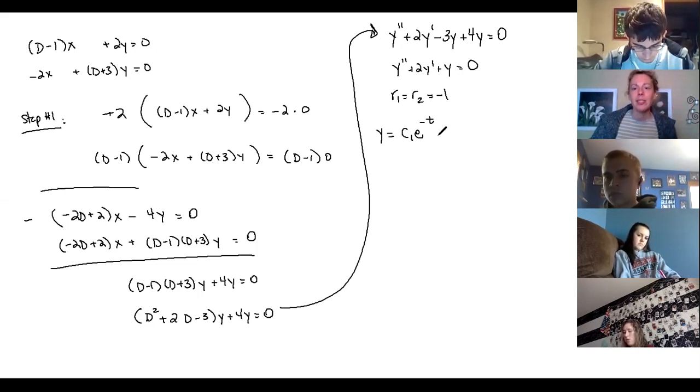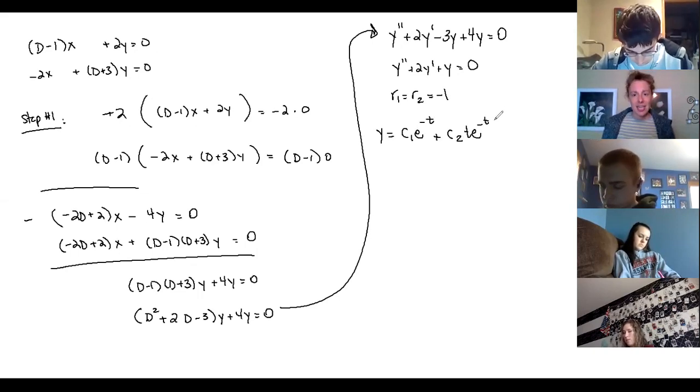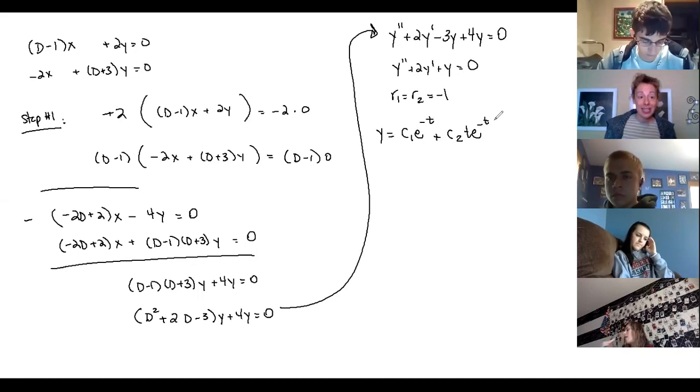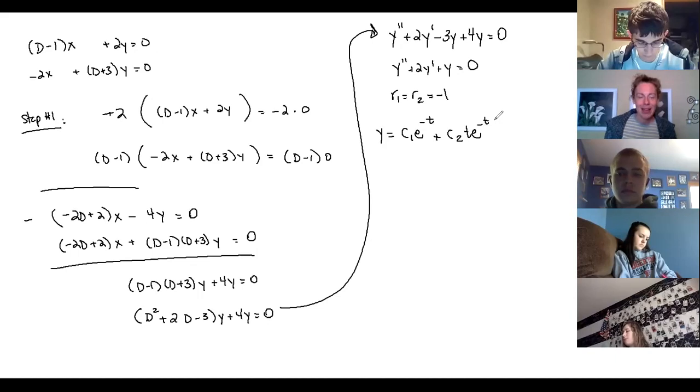Remember my independent variable is t, plus C2 t e to the negative t. That's y. Yay! We solved for one of our two dependent variables, and we did it in a systematic way. This is good. We like that. We like a systematic way.